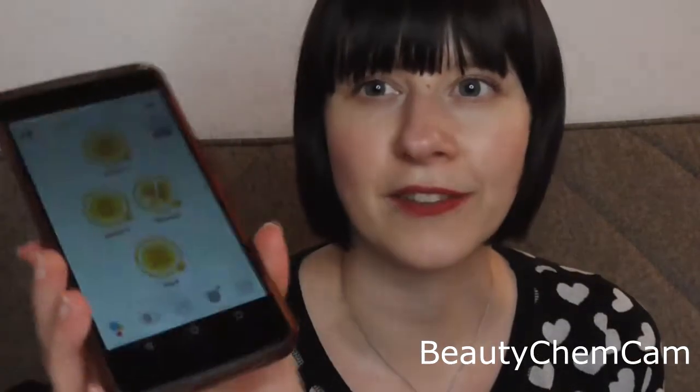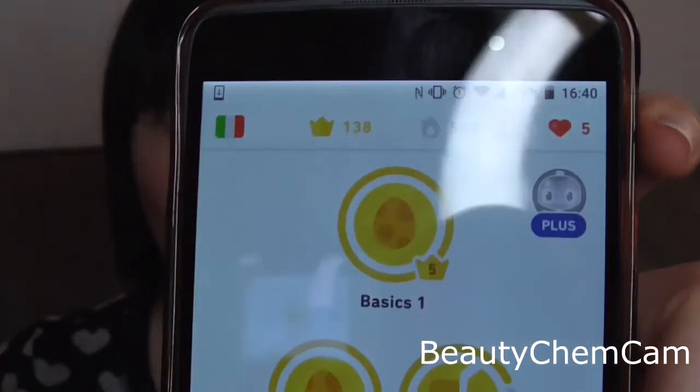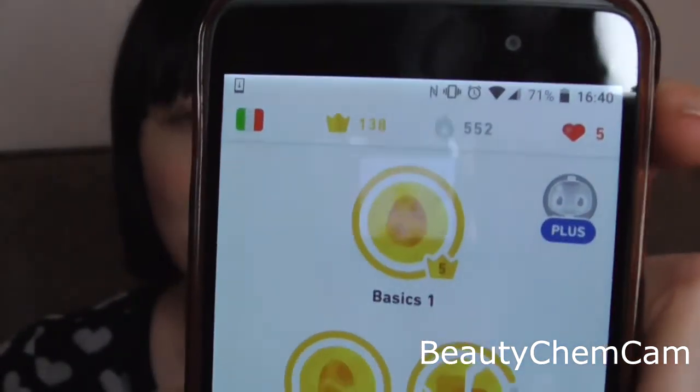So obviously the first thing I did was I went on Duolingo and started learning lessons there. And can I just show you? I did this for over 550 days. So yeah, I'm pretty badass, just saying. So that's where I'm at. And yeah, that was just the first step.